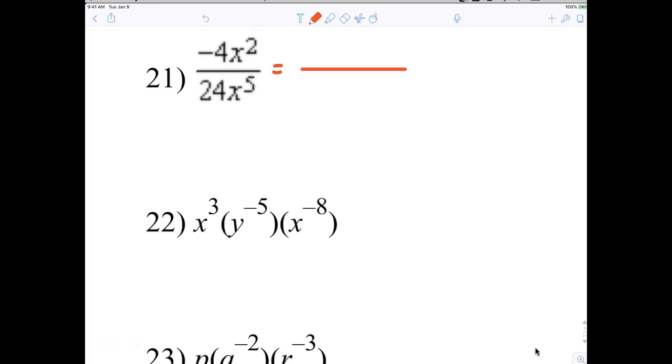Four over 24. What does that reduce to? Yes. Negative, but wait a minute. Negative 1/6, right? Agreed? Okay, now tell me about the variable.